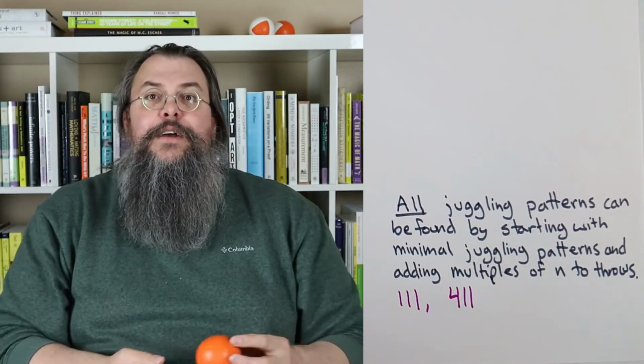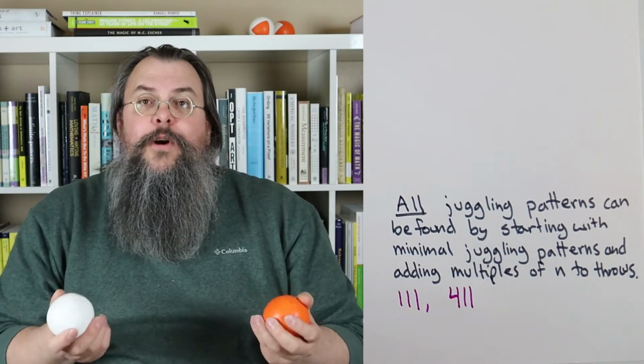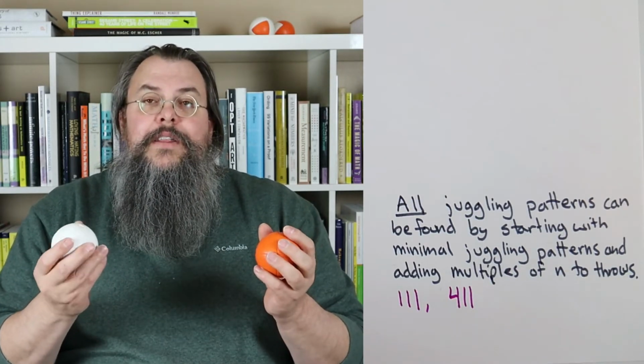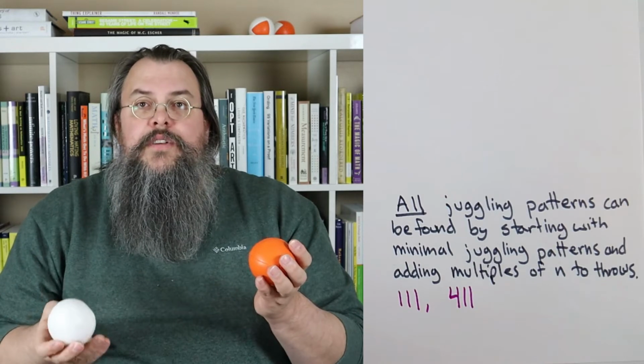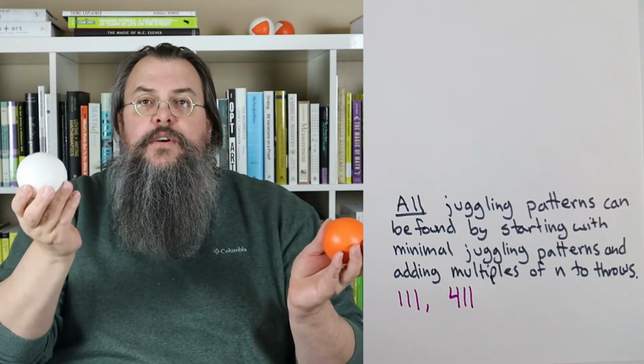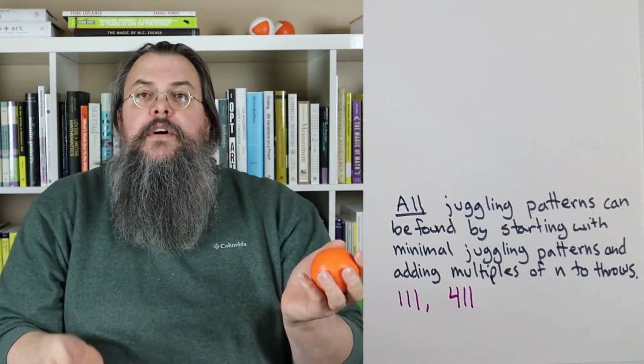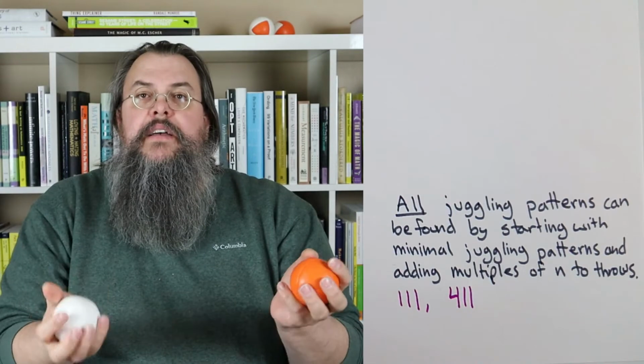And you can check that by saying, okay, well, what's the average? Now, what does 4, 1, 1 look like? Well, the idea is fairly simple. What's going to happen is you're going to do a 4, and while that's up in the air, you're going to do a 1, 1. So 4, 1, 1, right? So up, back, back, up, back, back.